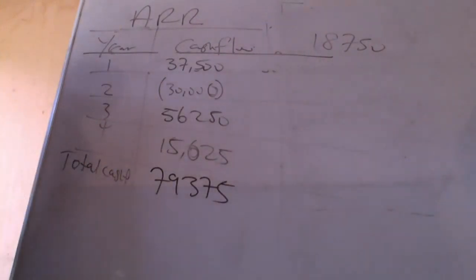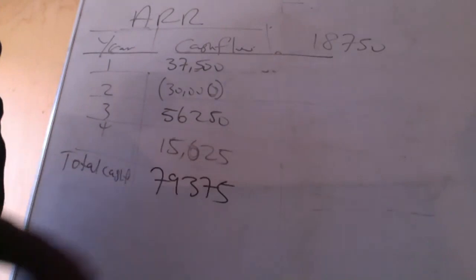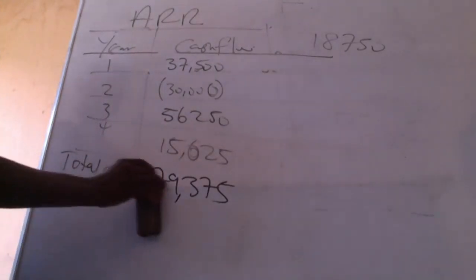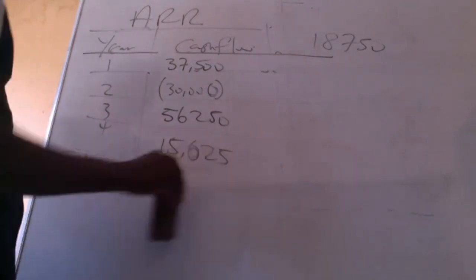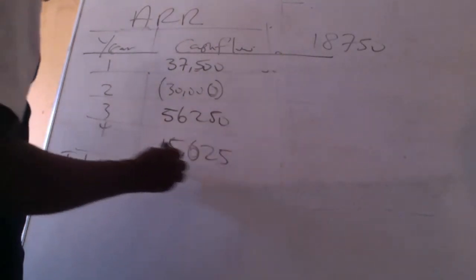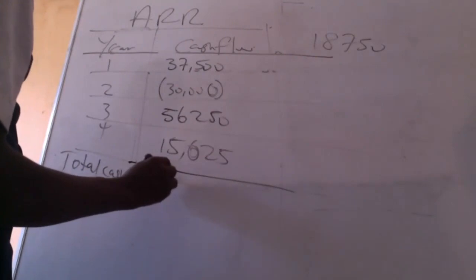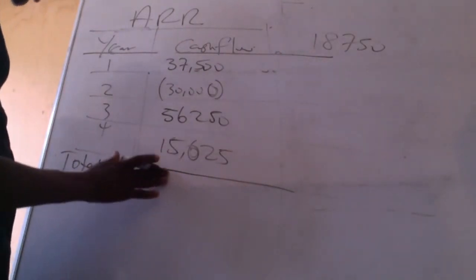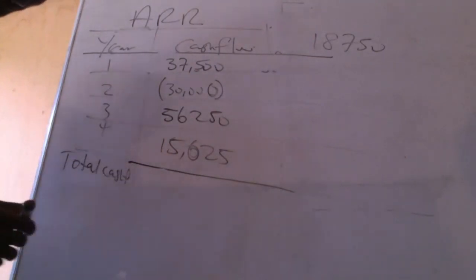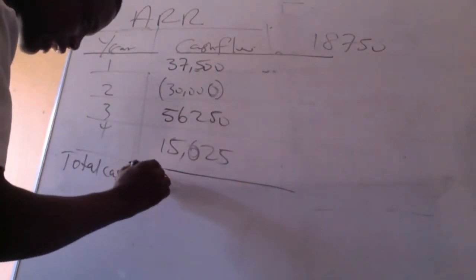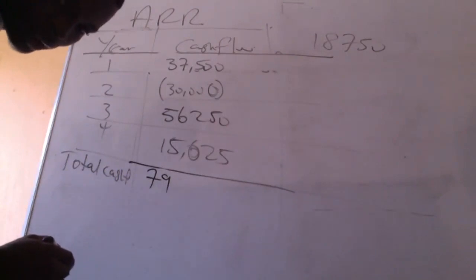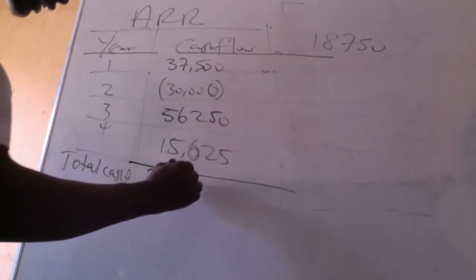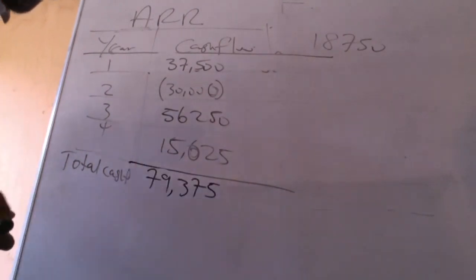This was the total depreciation. This is where the trick started. Please, what's the total depreciation? The person that will calculate the total depreciation for me will be the accounting calculator for the day. 79,375.